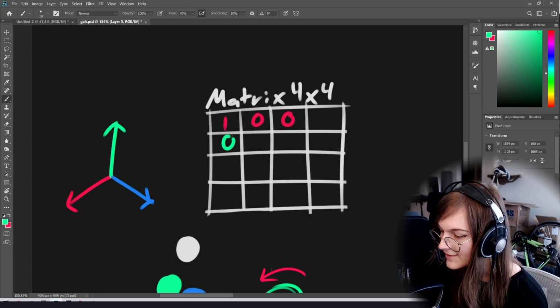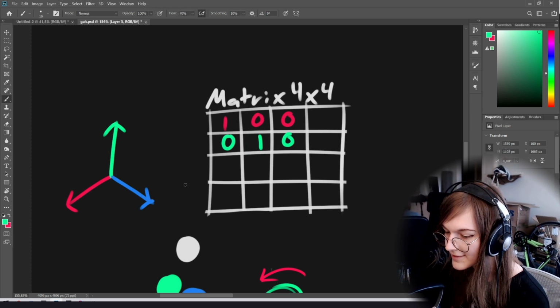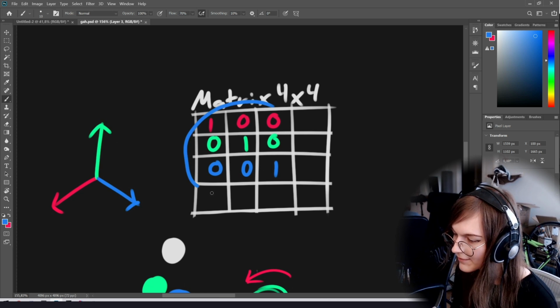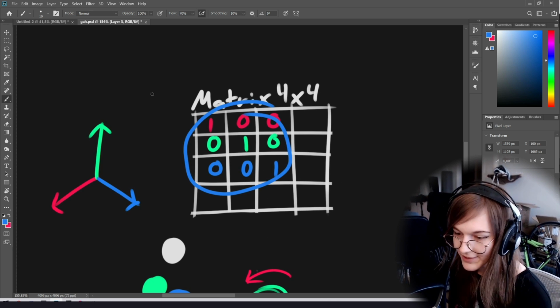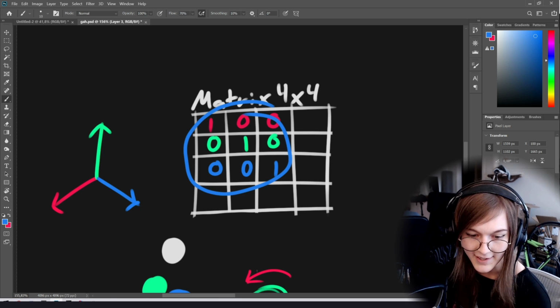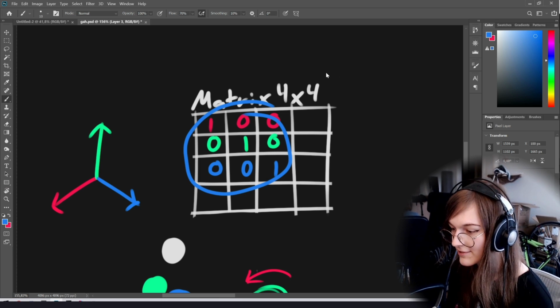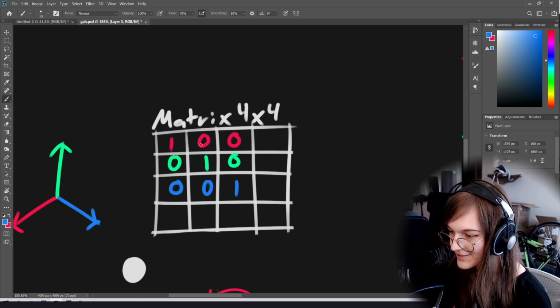The y-axis is 0, 1, 0, because this is pointing up. And the z-axis would be 0, 0, 1. So this whole thing completely describes the orientation of the object, because every single axis is now fully described as a direction vector. Isn't that neat? That you can store it like that.